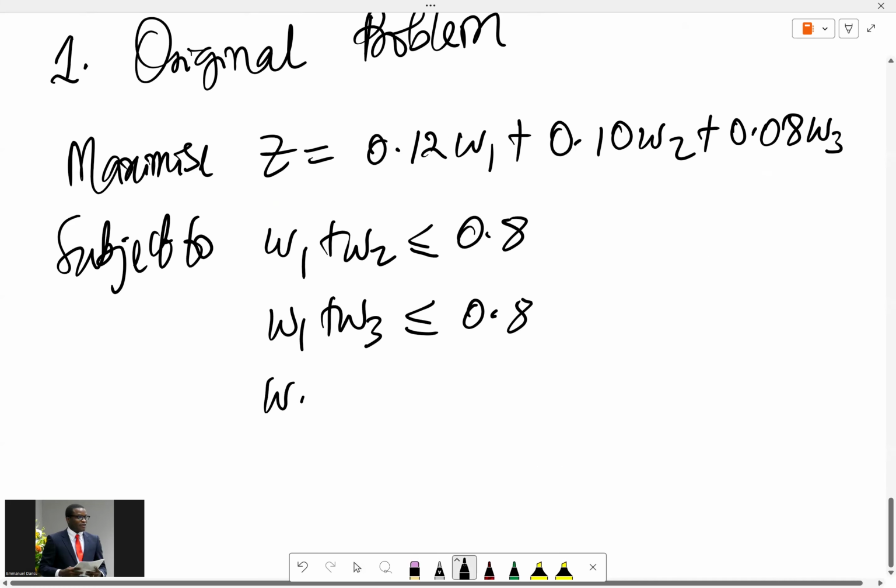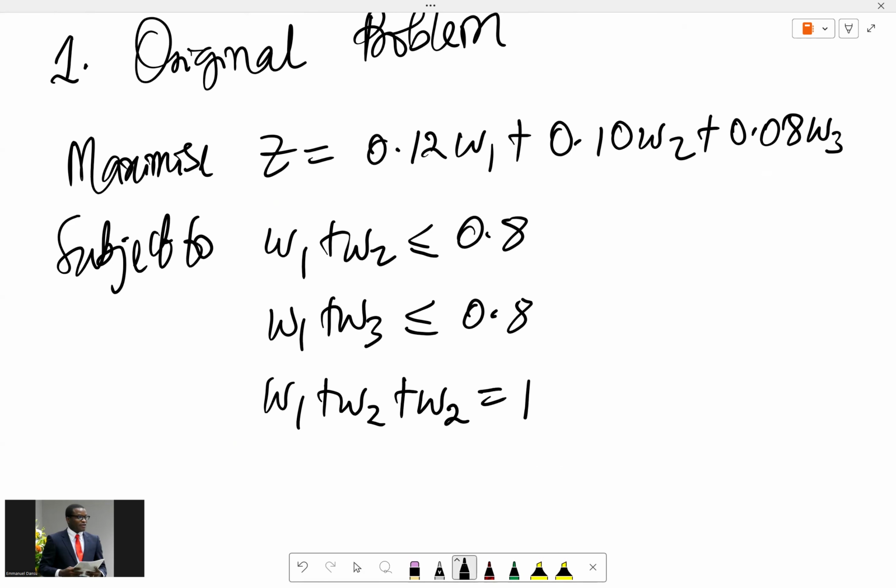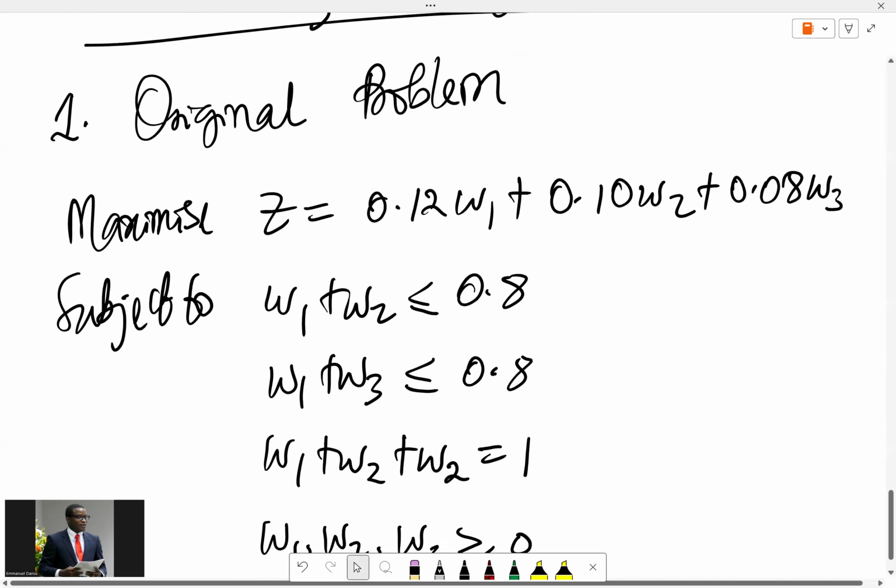Then, of course, you also have W1 plus W2 plus W3 equals 1. And of course, we have W1, W2, W3 all greater than or equal to 0. Okay? So that's the original problem, right?